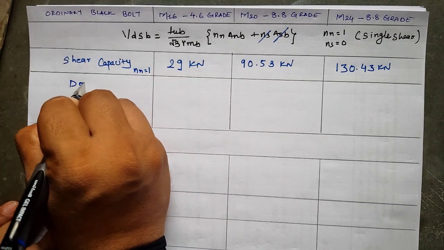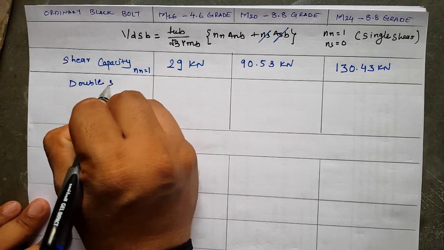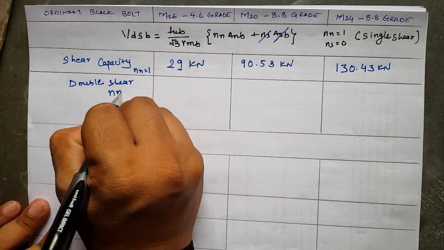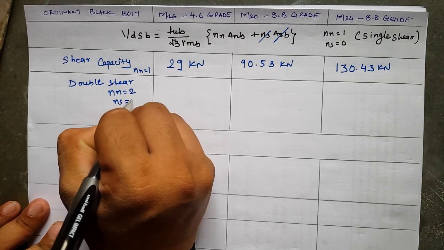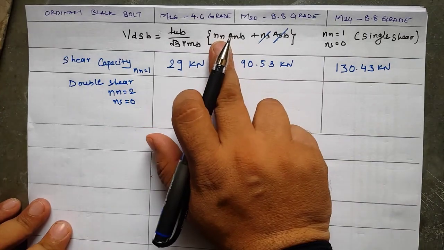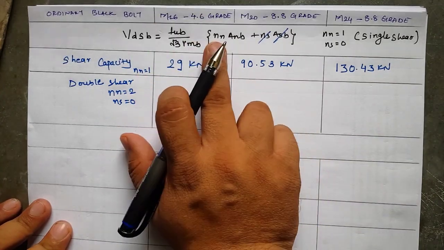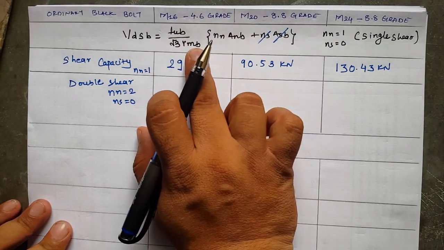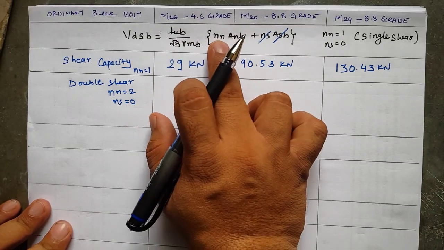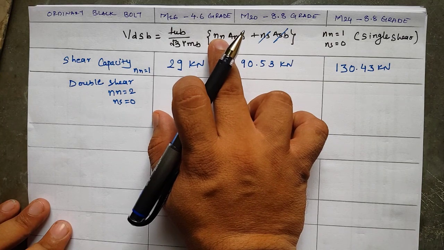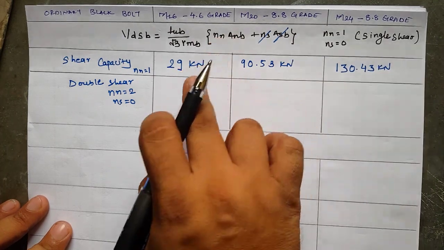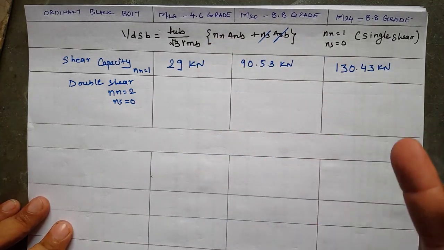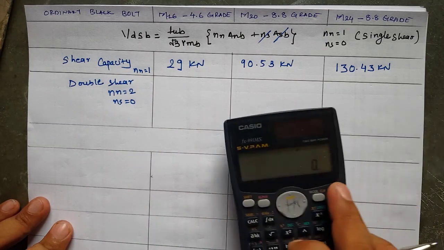Now see, if it is double shear, so Nn equal to 2, Ns equal to 0. Our equation is FUB by root 3 gamma mb, Nn into Anb. Now Anb is constant, FUB constant, root 3 constant, gamma mb constant. It means that if I take Nn equal to 2 instead of Nn equal to 1, all these values are twice the single shear capacity, right?